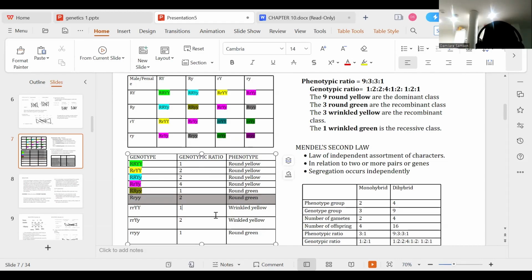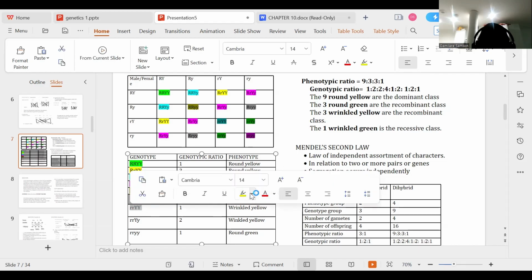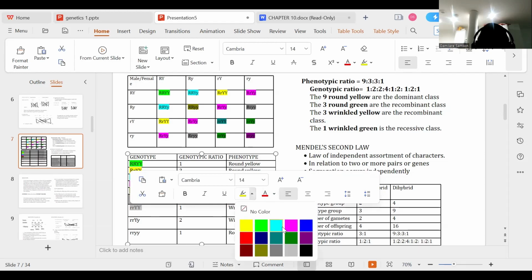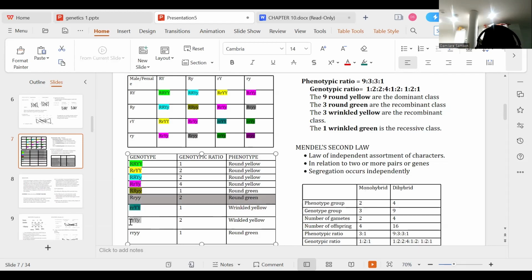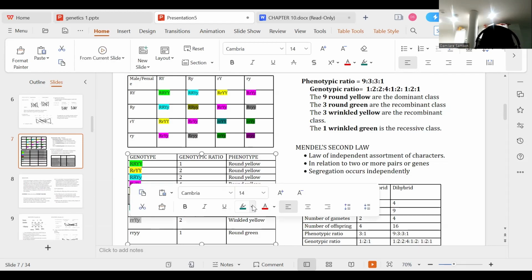Okay. And 2 small r, 2 small r. Okay, I use blue. Small r, capital, and this. Okay, I use the deep green. Yeah. I use the deep green.